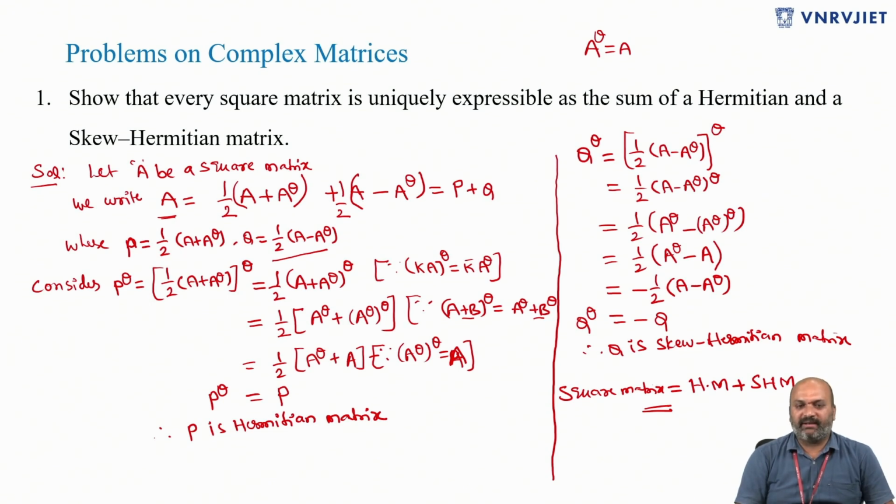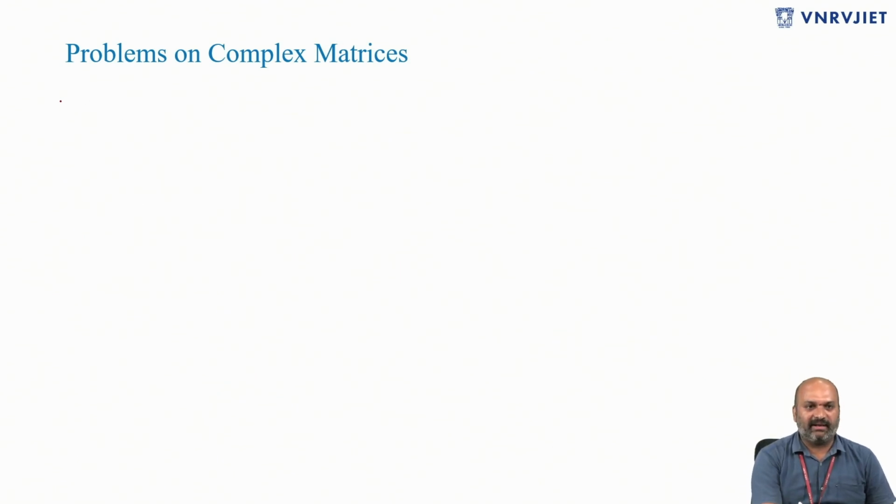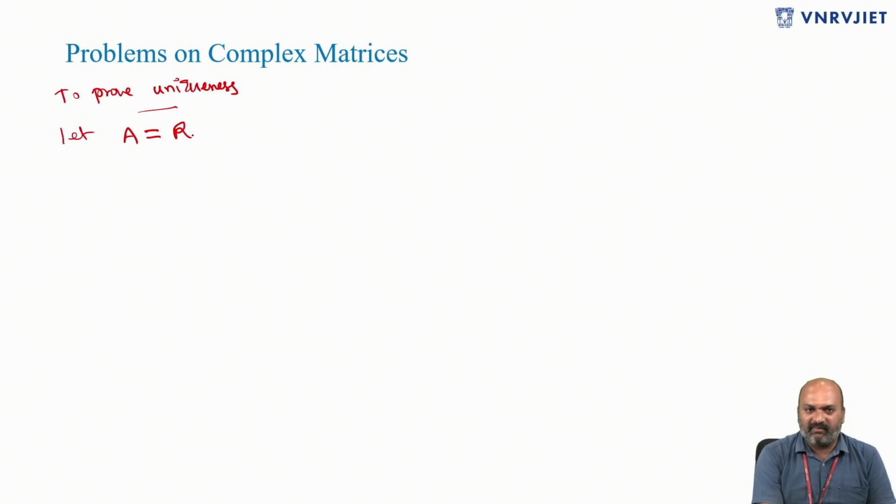So to prove the uniqueness, let us consider that there exists another way of representing the square matrix A as the sum of Hermitian plus skew Hermitian matrices.